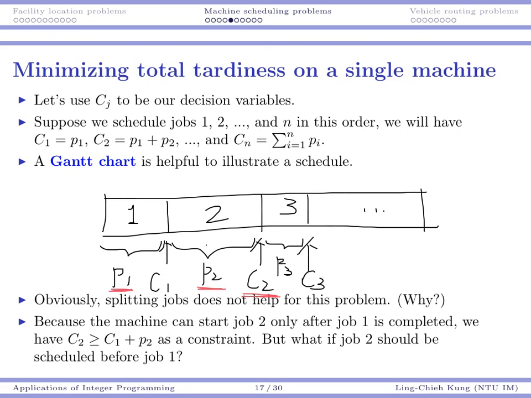So let's consider the following. The machine can actually start job 2 only after job 1 is completed, okay, in this particular order. So that means we have C2 greater than or equal to C1 plus p2. And here, because there is no other job in between 1 and 2, this is actually an equality, just like here, okay?